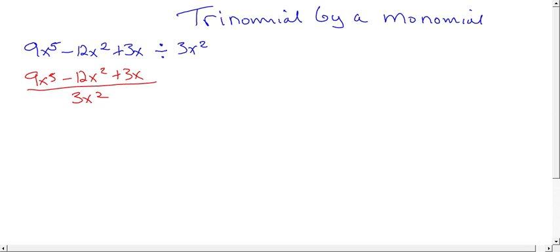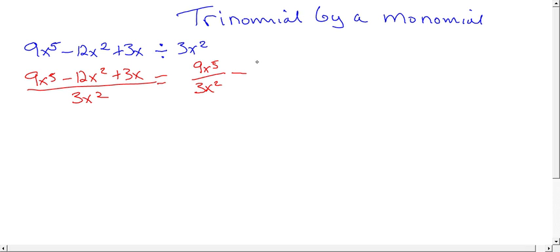Okay, so after we do that, we need to actually divide each term of the polynomial by the monomial. So we want to set this up where each particular term is divided by 3x squared. So here we would have 9x to the fifth power over 3x squared, and notice there's a minus, so we're going to put our subtraction sign there.